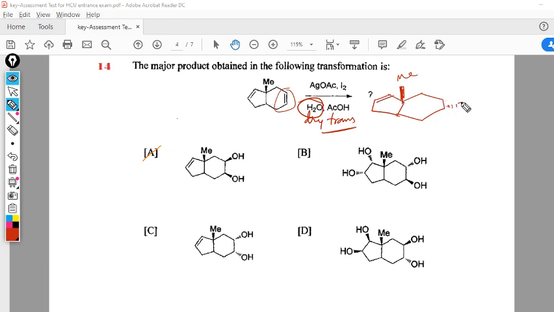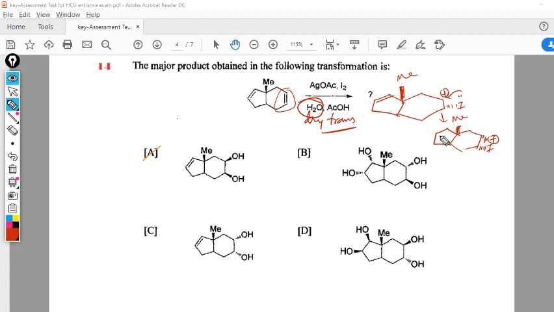So iodine will attack from below, and this will be the cation that will be attacked by the iodine's lone pair, which is called NGP. This NGP will result in the cyclic iodonium ion formation.